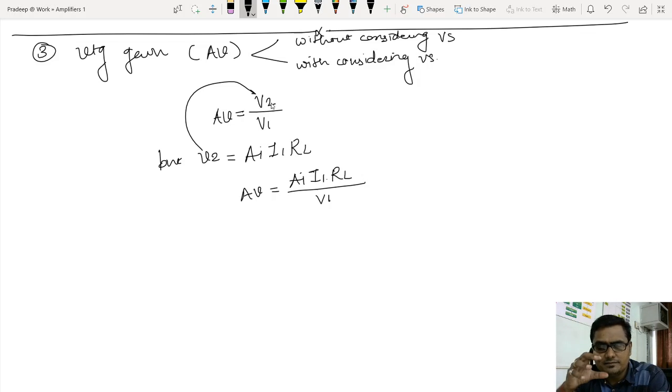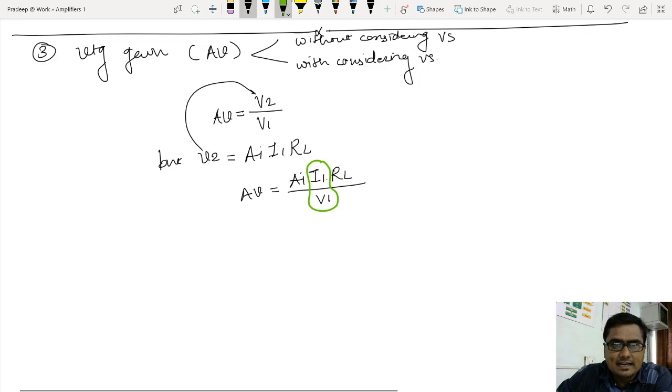But now observe the equation carefully. I'm getting a ratio of current and voltage. If the ratio is voltage to current, V divided by I, then I can say it is an impedance. But this is the inverse of impedance. Let's not enter into that. Clearly, observe this term, I1 divided by V1, input current divided by input voltage.